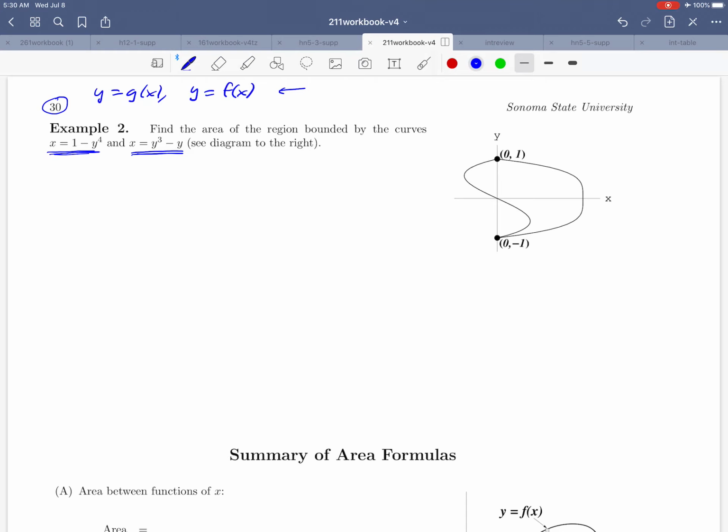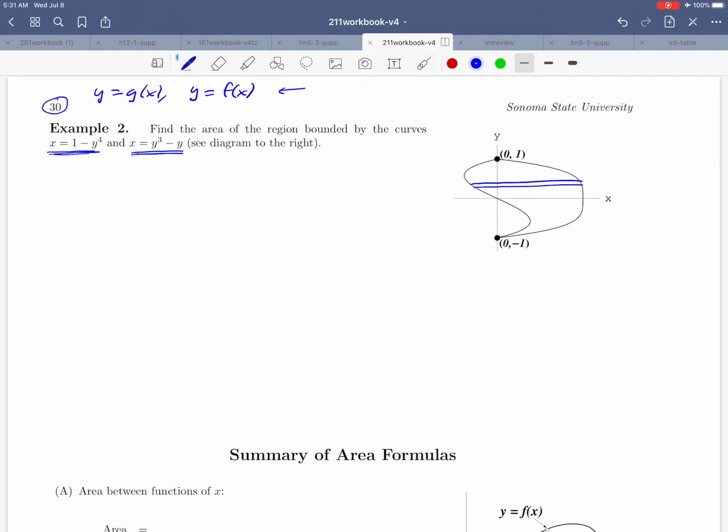So what we're going to do instead is to change our method around a little bit. Instead of thinking of a curve on the top and the bottom of our region, we're going to think of curves being on the left and the right of our region, and draw our rectangles this way, instead of vertically.